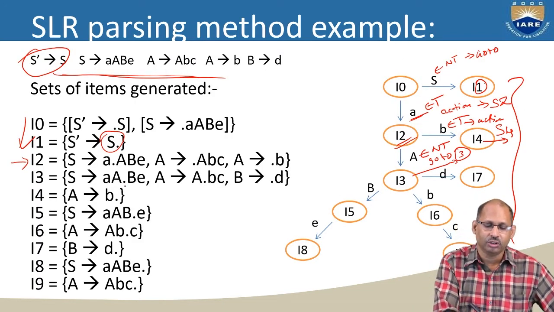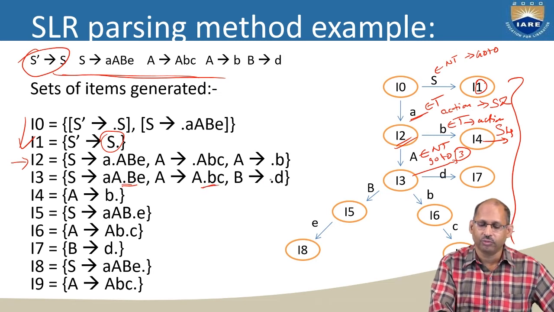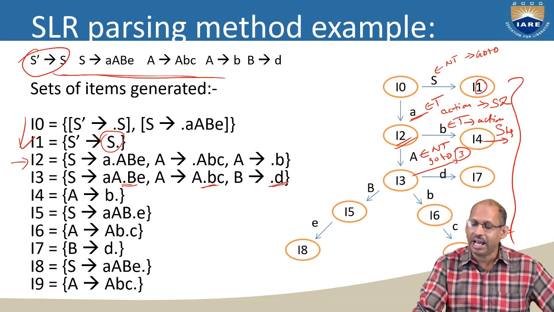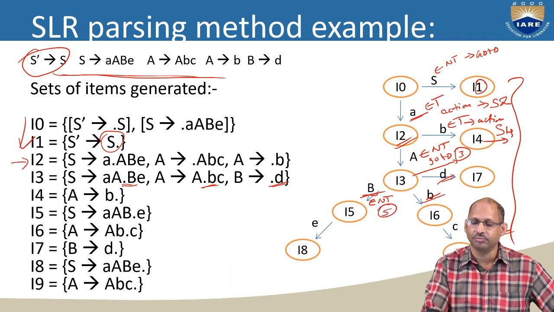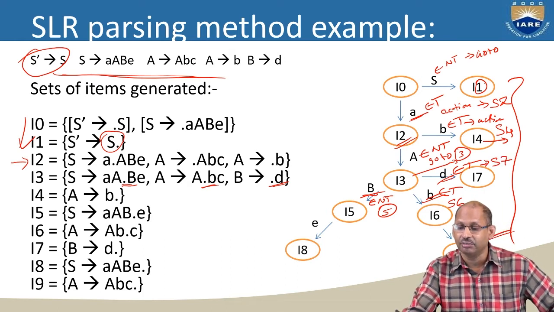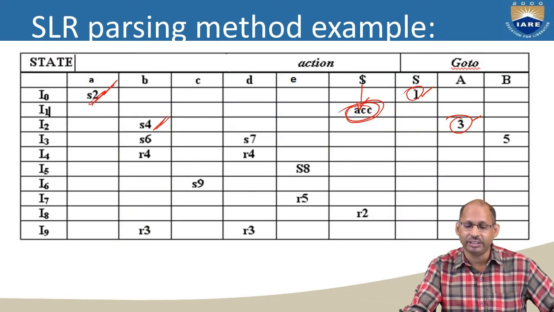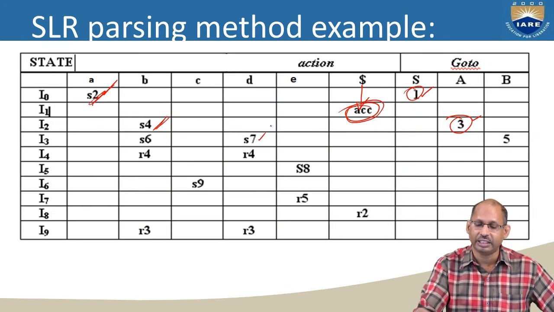I3 has dot B and dot D, so it has 3 goto operations. It is a non-terminal, so simply write 5. It is a terminal, so write S6. Here it is a terminal, so simply write S7. In the D column, we write S7.